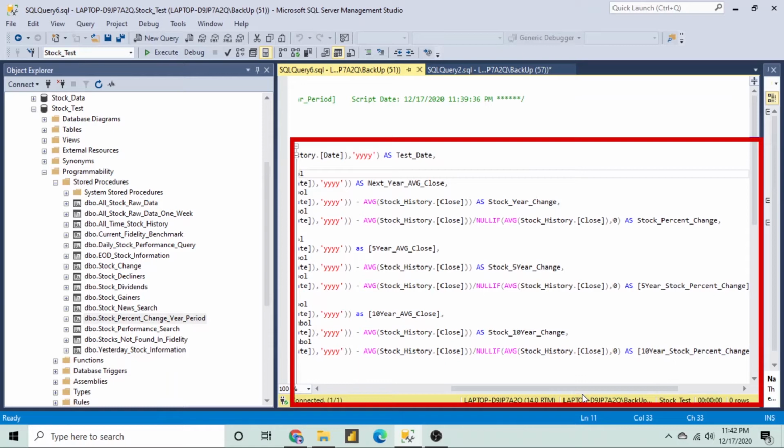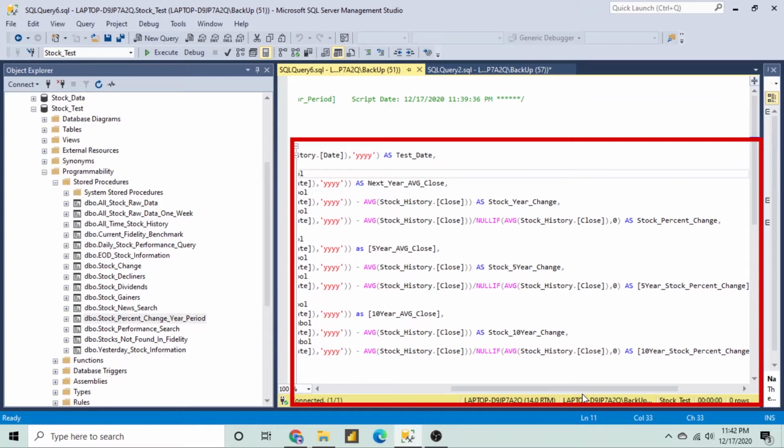Because some of the companies, when they first started trading in the market, started at $0, our closing price for some rows may have a value of 0. In order to avoid this, we are going to use the NULLIF function. Using the NULLIF function allows this whole stored procedure to even work.